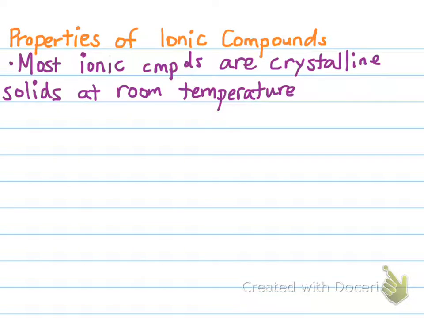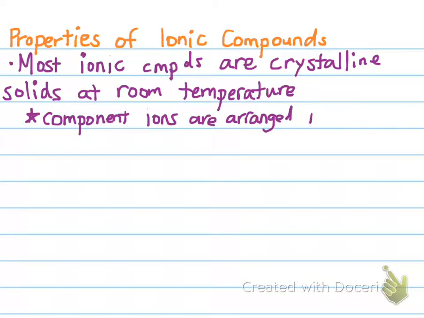Crystalline just means they typically have a crystal structure, and typically ionic compounds are going to be a solid at room temperature. This is again because the component ions are arranged in repeating three-dimensional patterns.